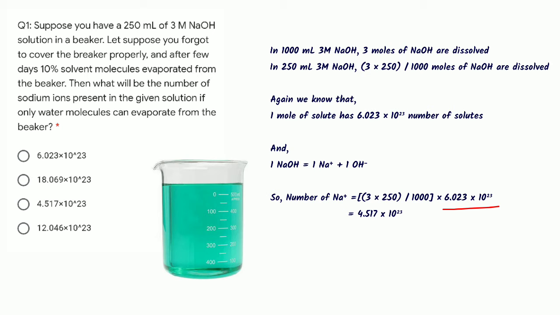So we have a total of 3/1000 into 250 into 6.023 into 10 to the power 23 sodium positive ions. That means we just multiply by the Avogadro number to get the number of sodium positive ions. I think you understand. So the value will be what?